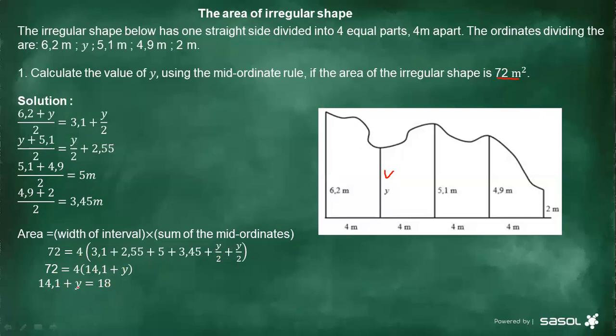And since we need y, we transpose this 14.1 to the right hand side. Therefore, y equals 3.9 meters. So that's how you should determine one of the ordinates, all right?